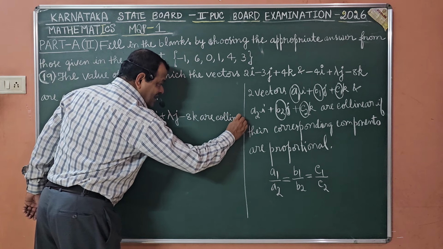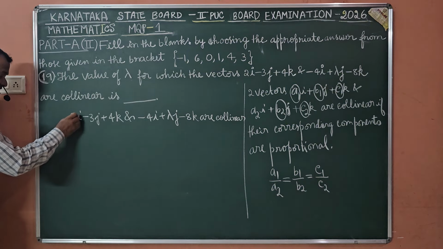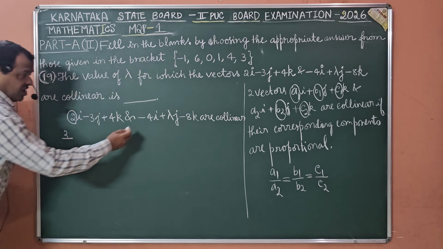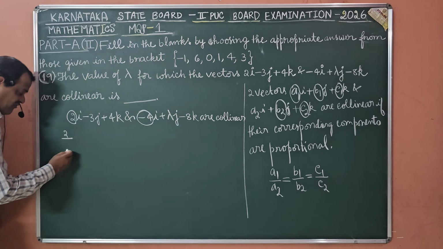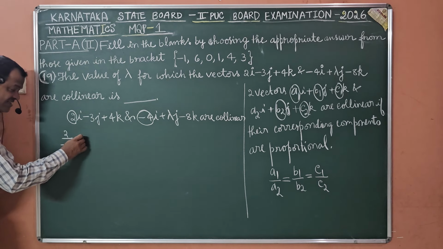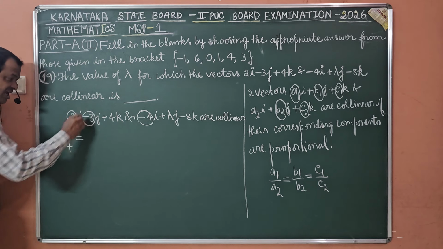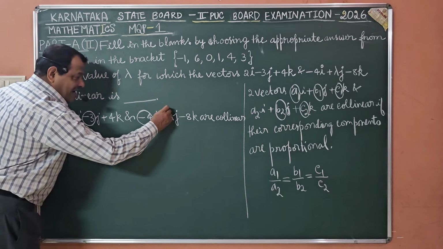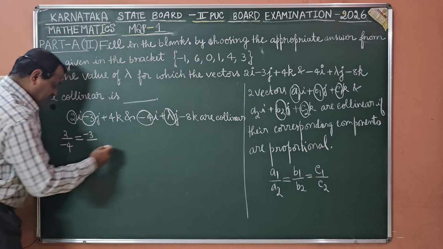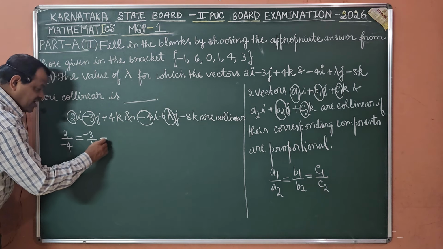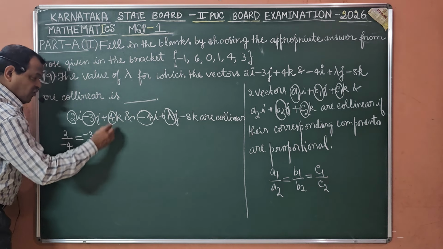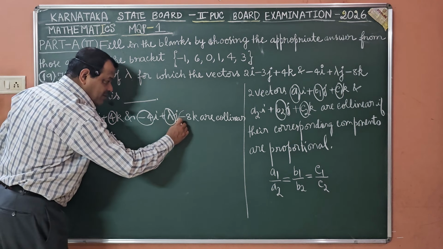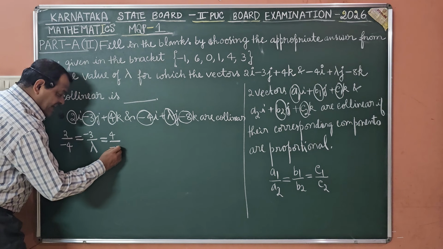Hence, look at this: 2 coefficient of i cap from first vector divided by this minus 4 is equal to minus 3 coefficient of j cap from first vector divided by coefficient of j cap from second vector lambda is equal to this 4 coefficient of k cap from first vector divided by this minus 8.